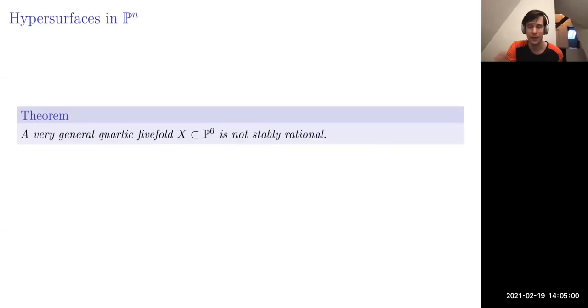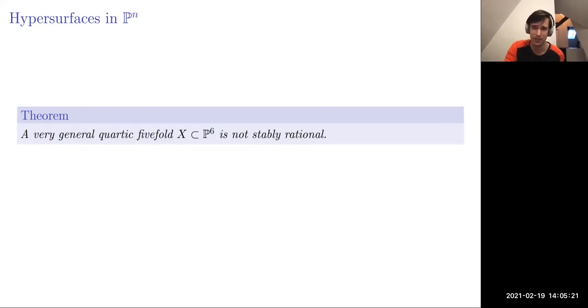So the main theorem today will be the following, and I'll relate this to the history in a second. It says that the very general quartic fivefold is stably irrational.